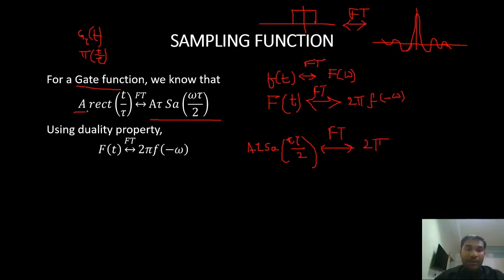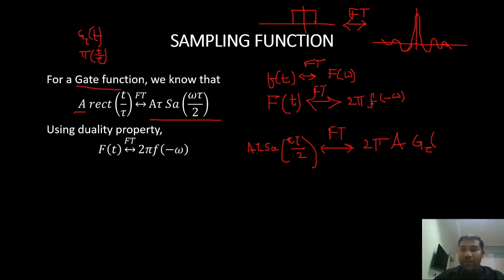It has the amplitude a and it is a rectangular function, I'll call it g of width tau, and a function of t.